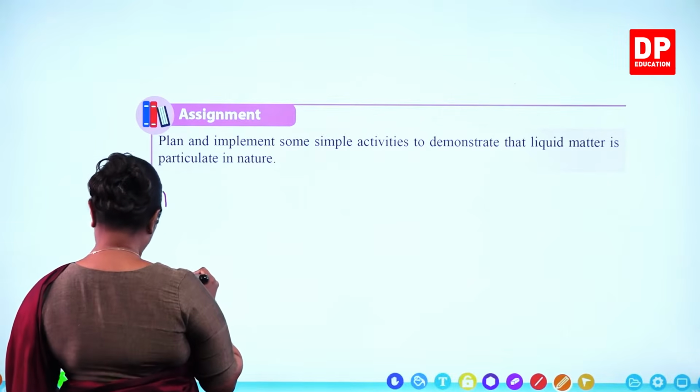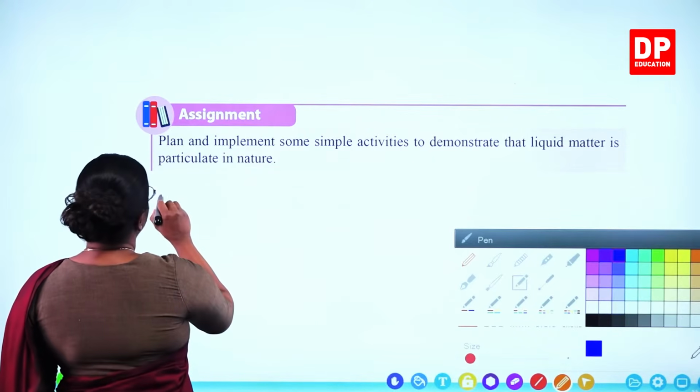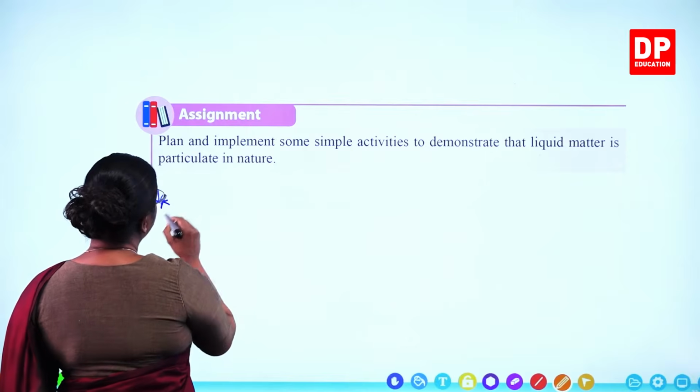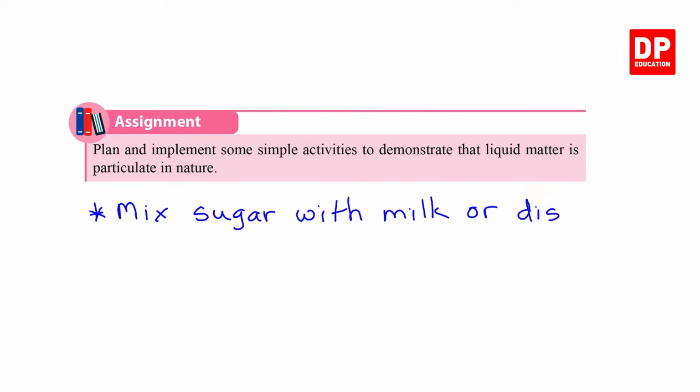First, I told you all you can mix sugar with milk or dissolve it in water. Even that is okay.